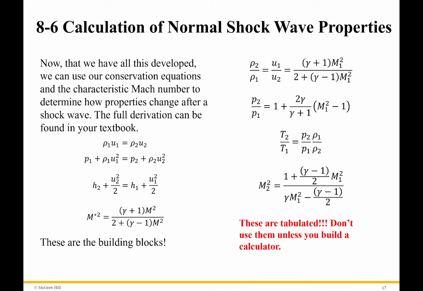So don't plug these into your calculator unless you have built an Excel spreadsheet or a code to do it for you. If you try to type these into your calculator, odds are you're going to make a mistake somewhere, and it's going to throw your numbers off in your problems. So either make a calculator to do it for you, so you can just type in a Mach number and everything pops out, that's fantastic, or just look them up in the tables.